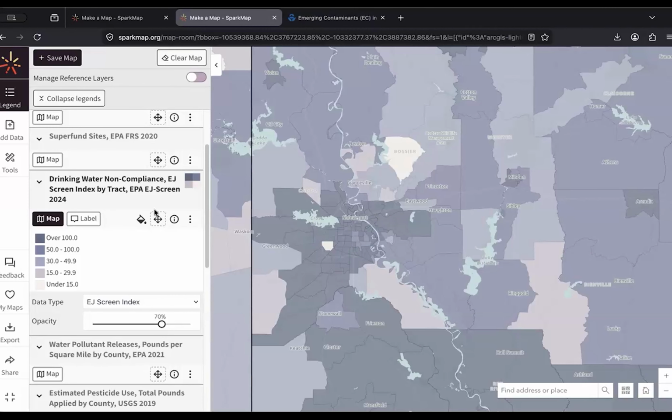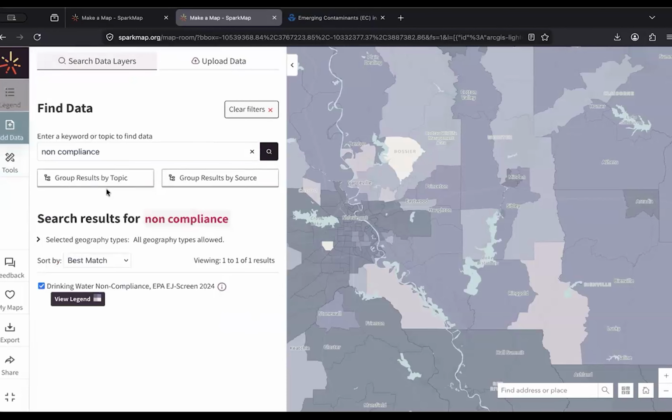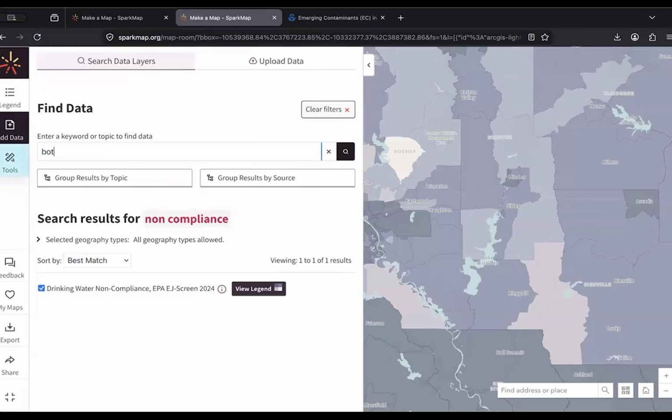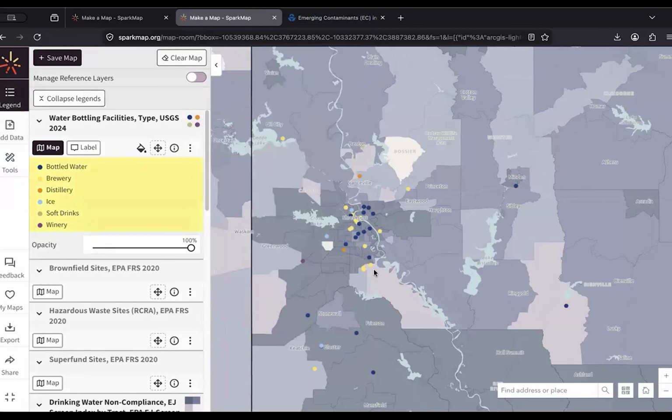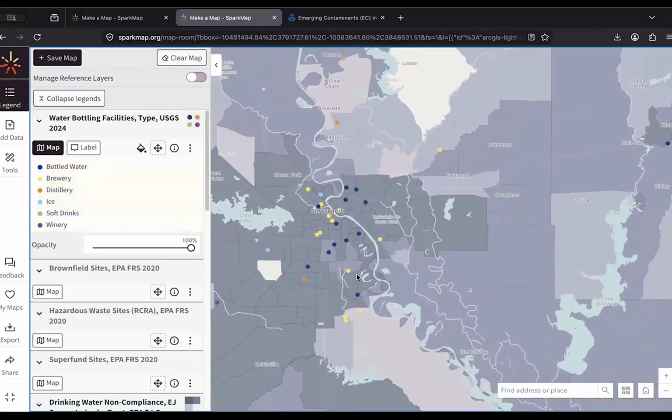A couple of other layers that I just want to highlight before I turn it over to Jordan. We have some other water layers that I think are pretty cool. We have these water bottling facilities, and I don't know why I find this so fascinating, but I do.